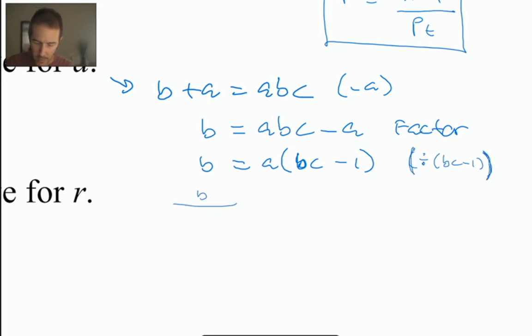When I divide the right-hand side by BC minus 1, it's going to cancel out with the BC minus 1 that's already there, leaving us just with the A. And we have solved for A.